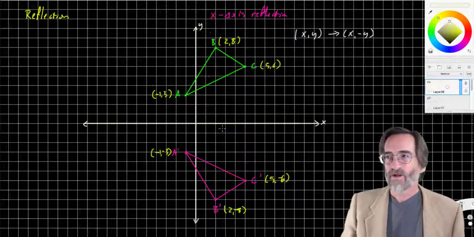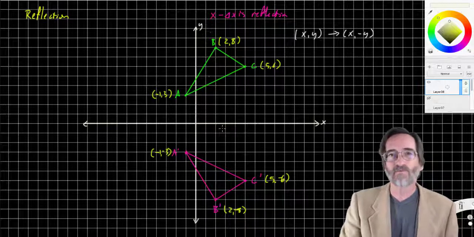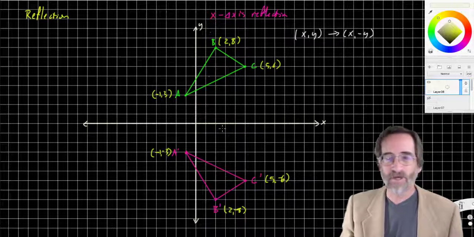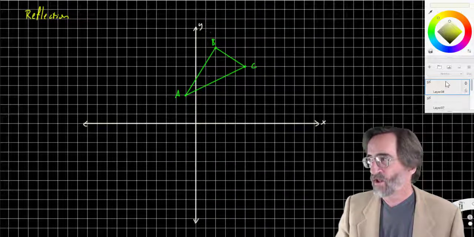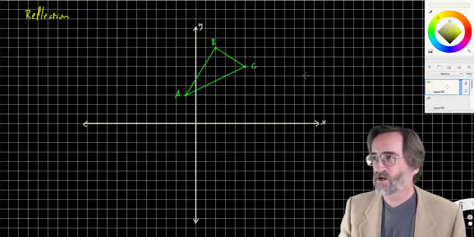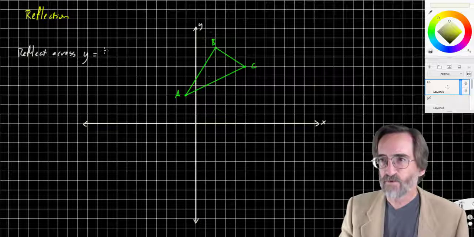Now that's not the only kind of reflection there is. We can also reflect across any other line we like. Let me give you an example. Let's say I'm going to reflect across the line y equals 2.